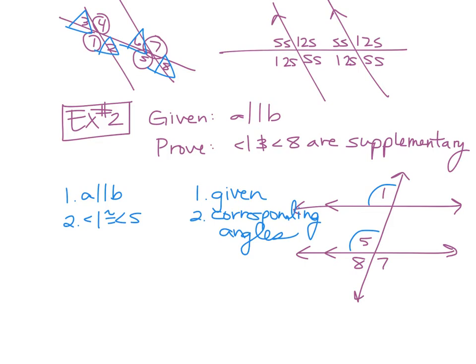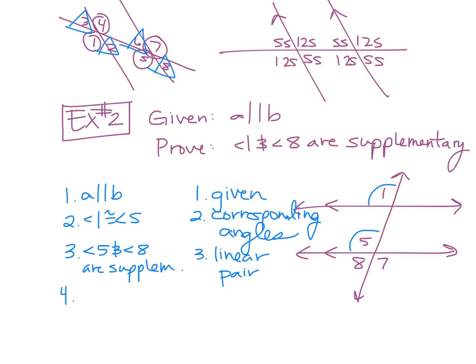What do I know about 5 and 8? They're supplementary. I can say angle 5 and angle 8 are supplementary. How do I know that? On a straight line. They make a straight line. They're a linear pair, right? So you can just say linear pair, or definition of a linear pair would be fine. What does it mean that they're supplementary?